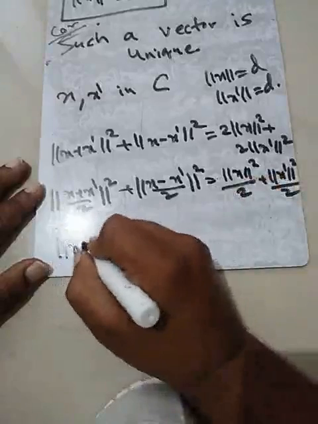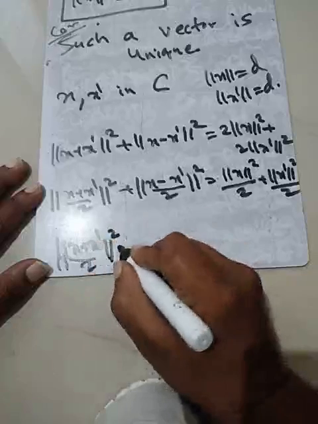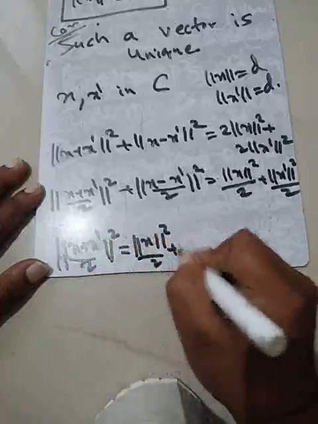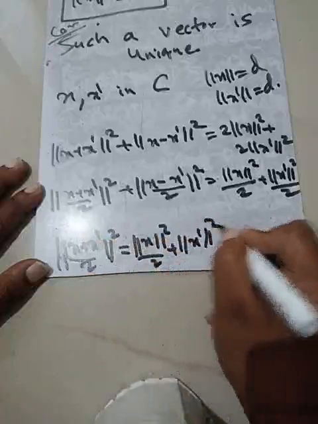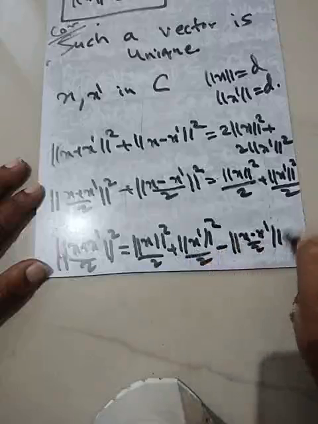So norm of (x plus x dash) divided by 2 whole square is equal to norm of x whole square divided by 2 plus norm of x dash whole square divided by 2 minus norm of (x minus x dash) divided by 2 whole square.